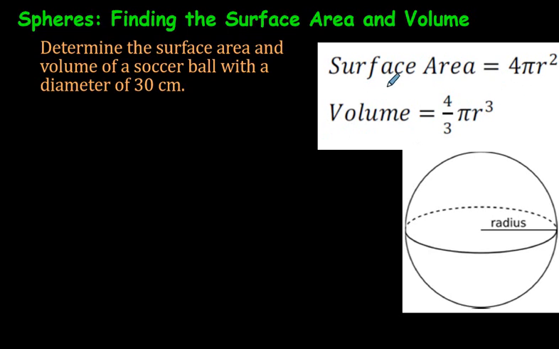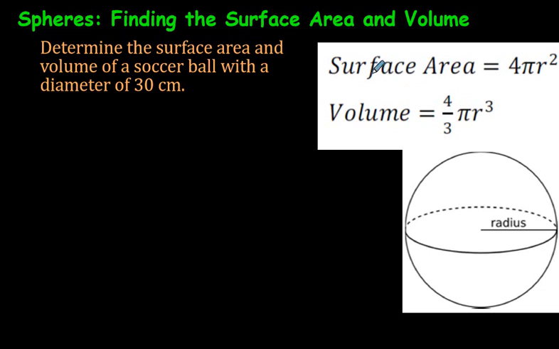So the first one is surface area, which is 4 pi r squared, and the second one is volume, which is 4 over 3 pi r cubed. Now, one other way to do the volume is just to go 4 times 3.14 times the radius cubed, or radius times radius times radius, and then at the end of all that, just divide by 3. But how you like to do it is up to you.